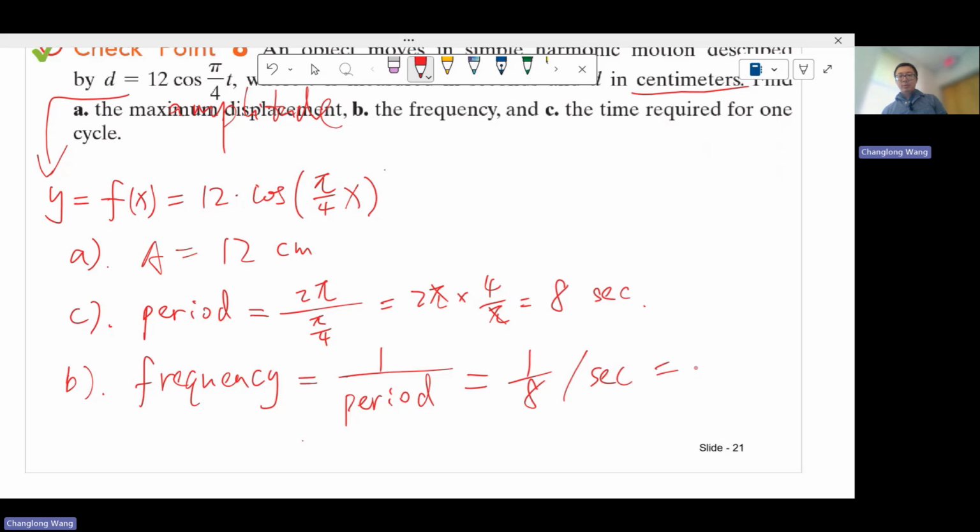If you like decimals, it will be 0.125 per second. Or, you know what? It can sometimes be written in a fancy unit called hertz. You guys heard of hertz before? That's the standard unit in physics for any kind of frequency.